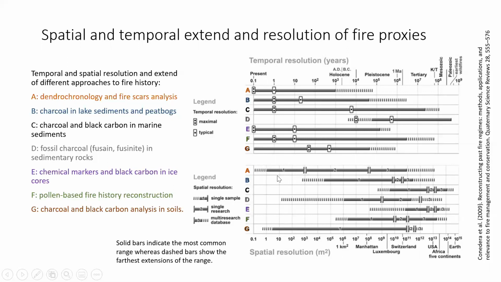But usually for the other proxies, for wider reconstruction, you need more records, and as with the fire scars as well. But usually the extent or the spatial resolution is not as good as with charcoals, fire scars or charcoals in the soils.